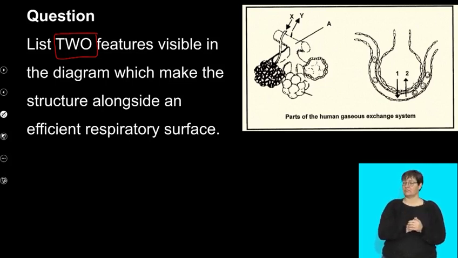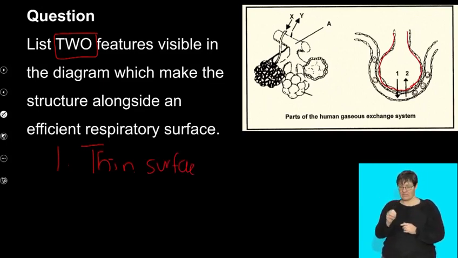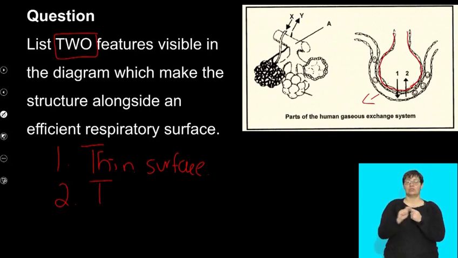The first one I would go at, if we have a look at the structure, I'm going to say that number 1, it's only 1 layer thin, thin surface area that I can see. I can also see over here that it has a capillary. So number 2, it would have a transport system.